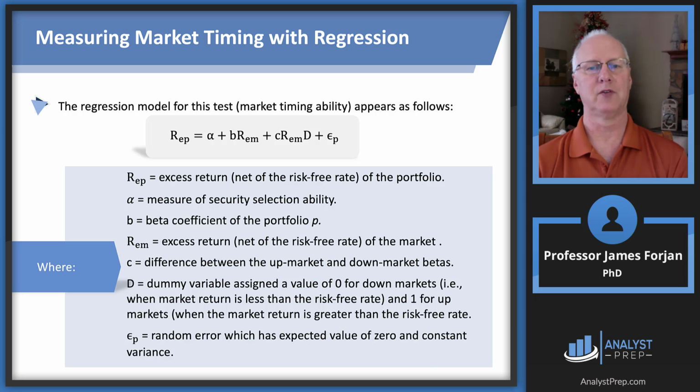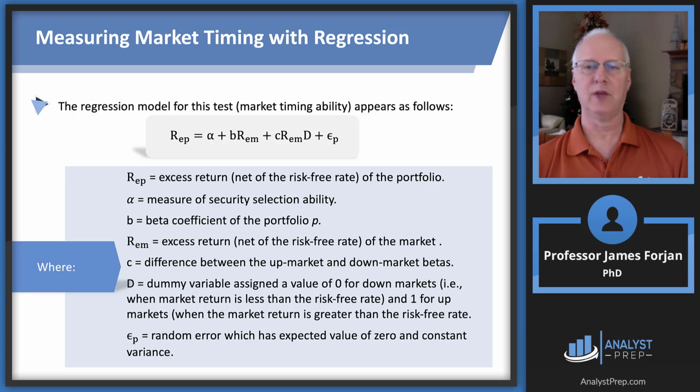Notice on the left-hand side of the equal sign, we've got the return of the portfolio. This is the excess return. So we're going to try to explain that by using these independent variables. There's the excess return on the market portfolio, R sub EM.